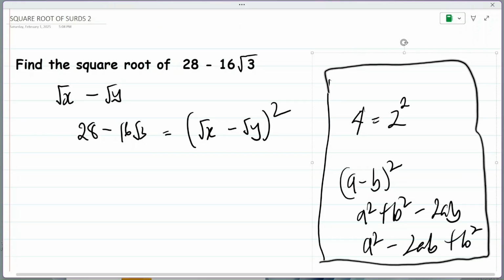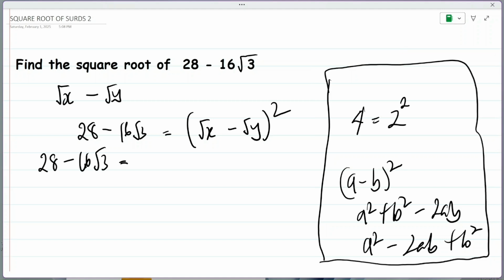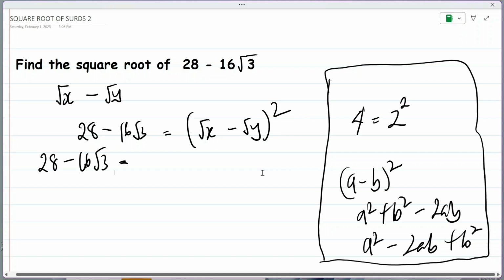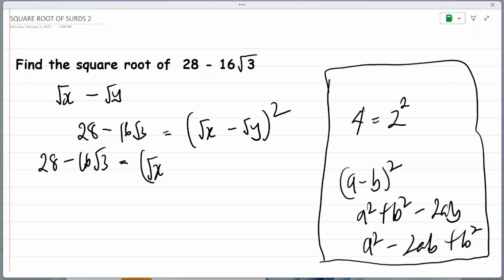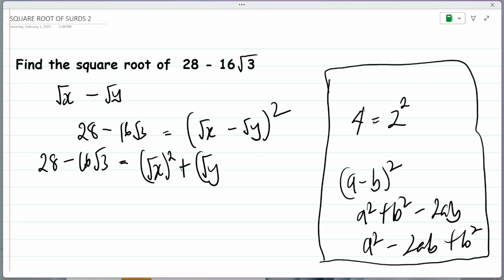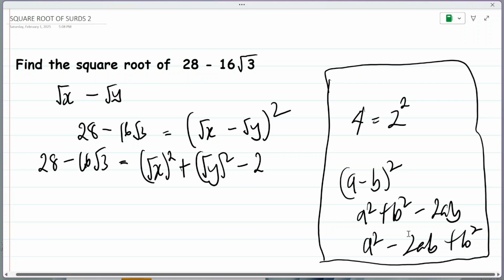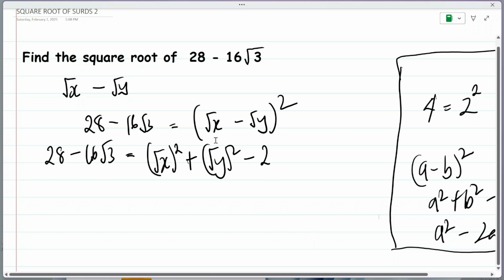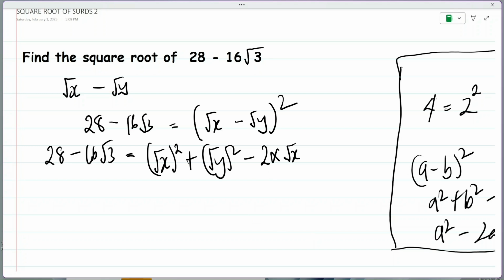On the left, we have 28 minus 16 root 3 equals, we expand this using the derived formula. Our a is root x, so we have root x square plus our b is root y, so we have root y square minus 2ab. A is root x, so times root x times root y, which is our b.